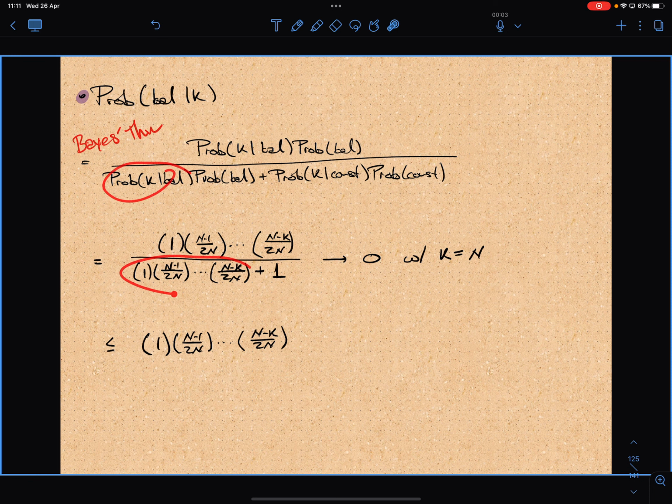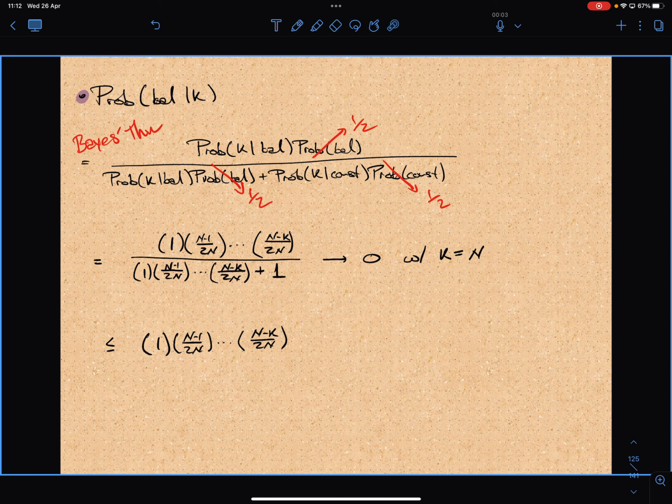It's going to be this. Our assumption here is that the probability of being balanced and constant is equally likely, so this is going to be 1/2, 1/2, and 1/2. So I can cancel all the 1/2s. I don't carry the 1/2, so all these probabilities cancel out.